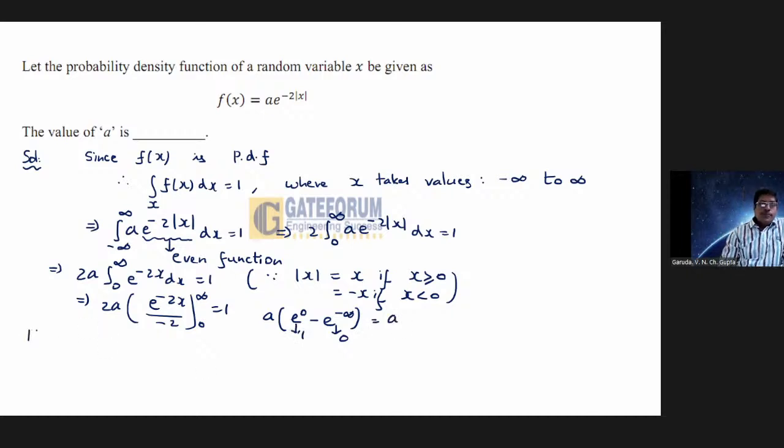So here note, if f of minus x is equal to f of x, then f of x is an even function.